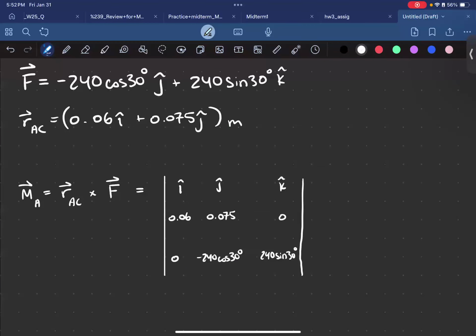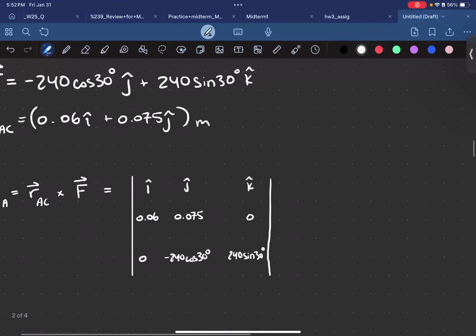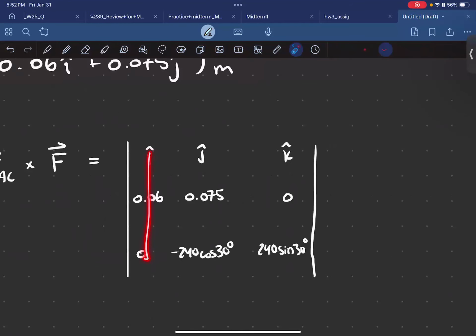All right, and so now solving out this cross product, remember that we cover up the first column and the first row. We multiply these two entries, subtracted with these two entries. Because there's a 0 here, this basically cancels out. So our I component is just going to be the multiplication of these two entries. And then you can do the same for J and the same for K. And when you do the entries for the J component, there's a negative sign in front. So I'll write that out.